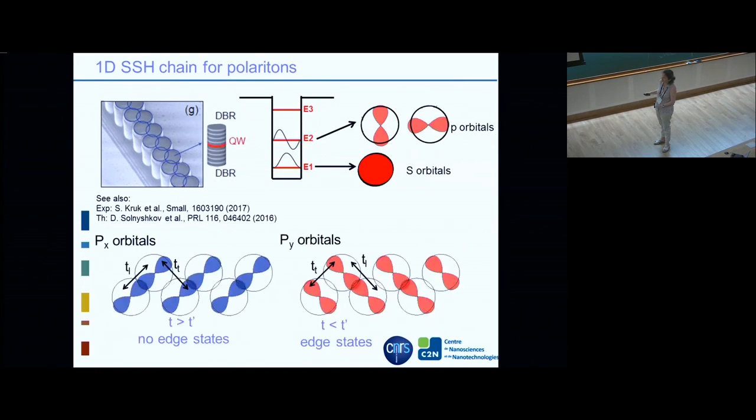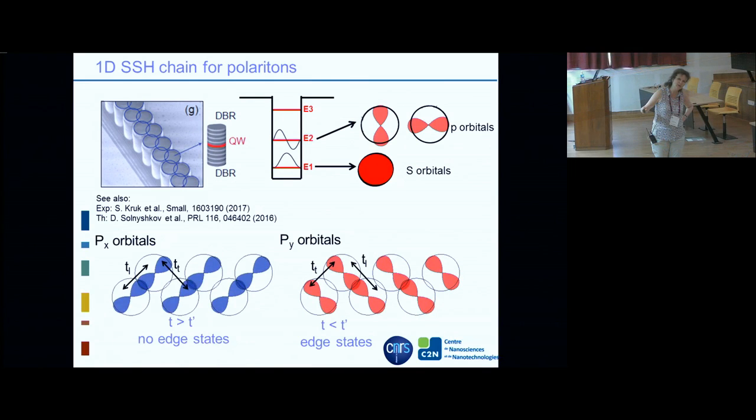So what we do here is a zigzag chain where we don't change the distance between adjacent pillars, but we look at p orbitals. We look at px and py orbitals. And what you see is that for the px orbital, for example, here there is a strong link, and here a weak link, strong link, weak link, and so on.